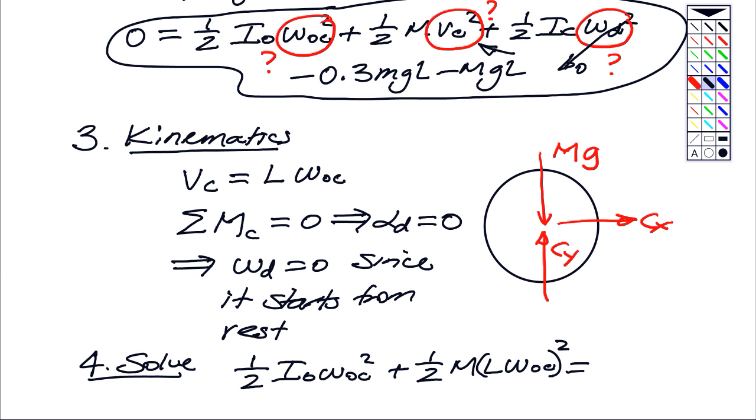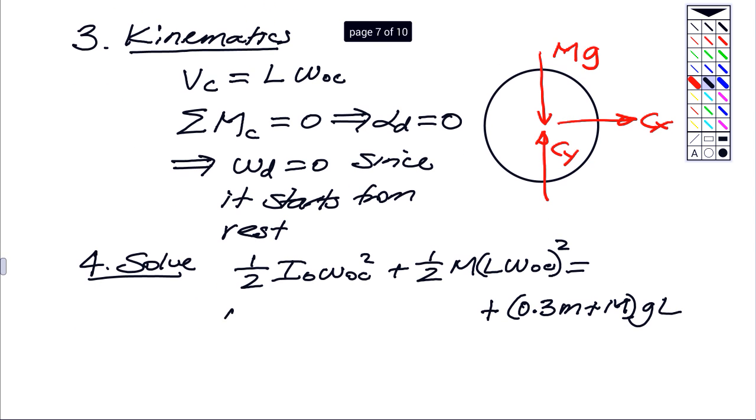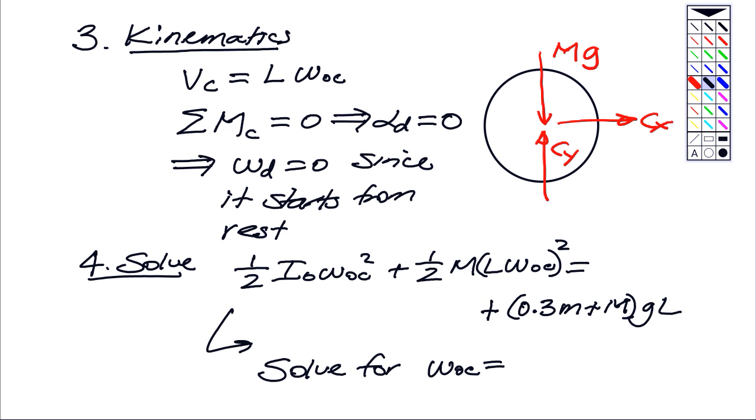On the right hand side, once we bring it onto that side, we have 0.3 lowercase m plus big M times g L. So from this single equation, we will solve for omega_OC.